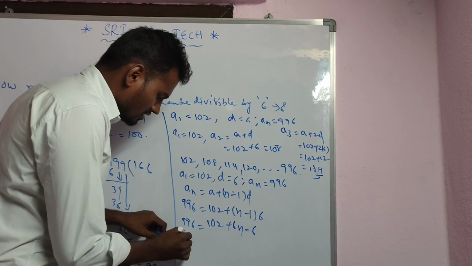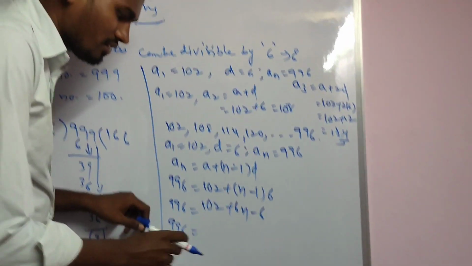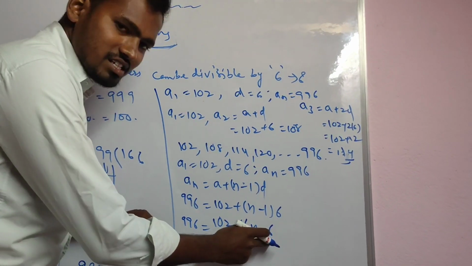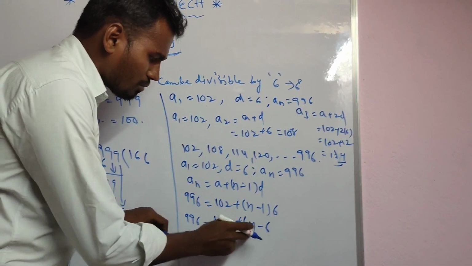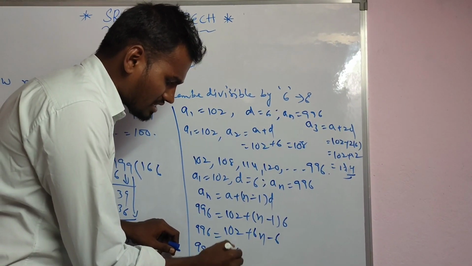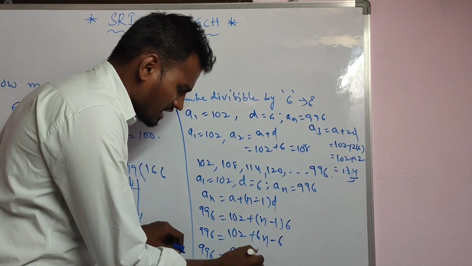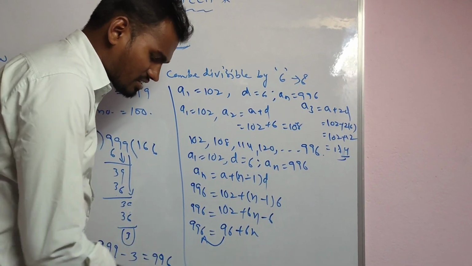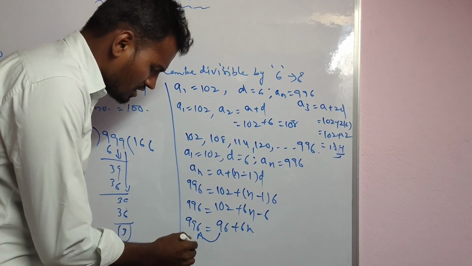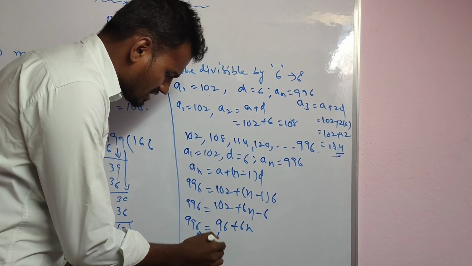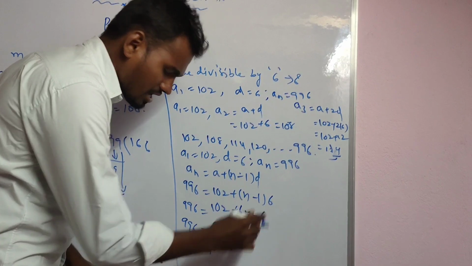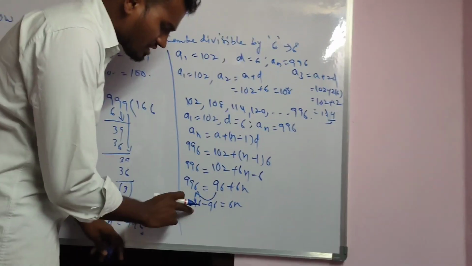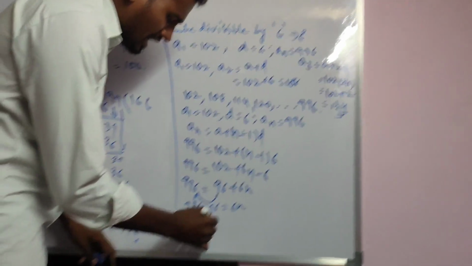Next, 996 is equal to 102 minus 6, that is 96, plus 6n. This 96 transfers to the left-hand side and becomes minus. Then 996 minus 96 is equal to 6n, and 996 minus 96 is 900.